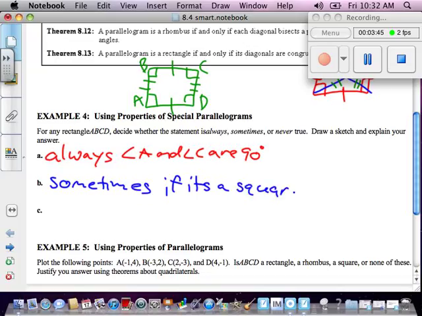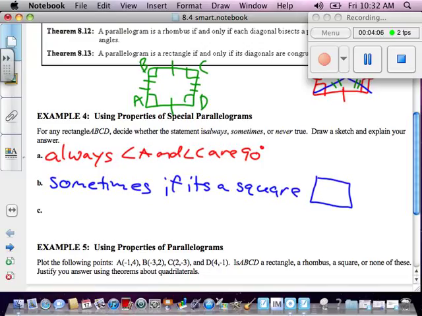Let's think about this for a second. If I have a square, what are all the names I could call it? I could call it a rectangle. What else could I call it? All right, C: AC is congruent to BD.